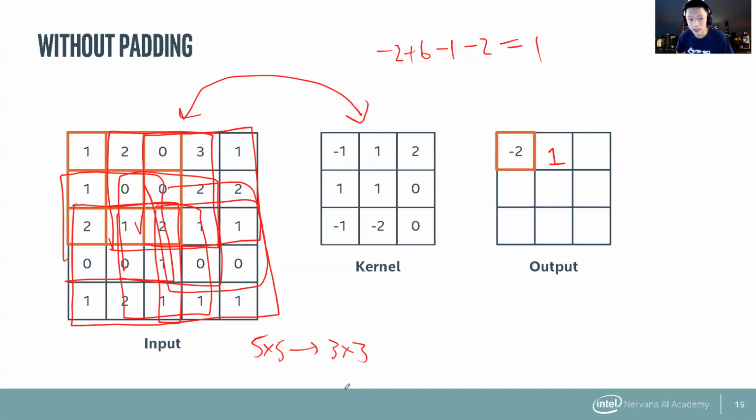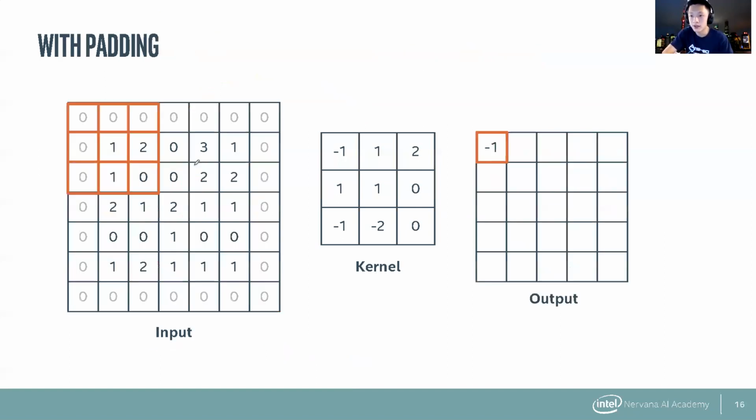Does anyone have any ideas how to fix this? Maybe it's already on the slide here, so maybe I will just not say anything. It's called padding. The solution is quite simple. If you want to maintain the size of the image, all you have to do is pad the sides with zeros.